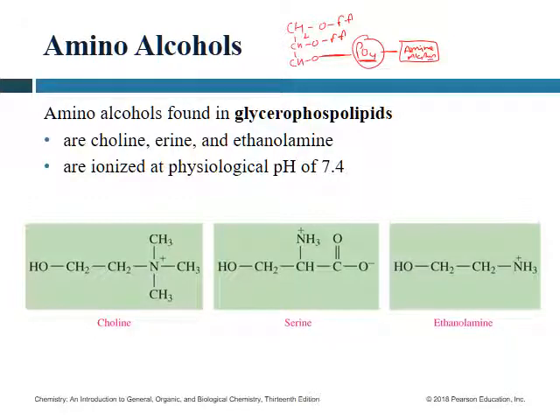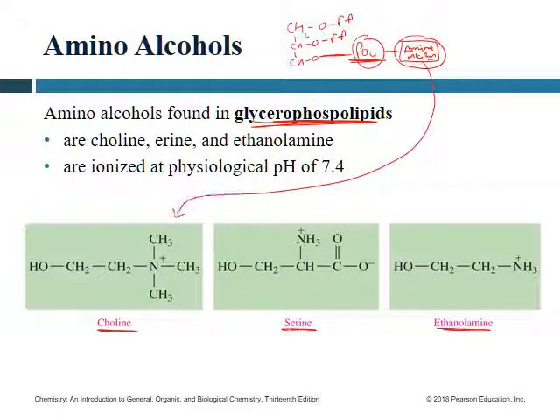So we're going to talk about this amino alcohol. What are the different types of amino alcohol that you can find in glycerophospholipid? There are 3 amino alcohols that join with the phosphate group. One of them is choline, serine, and the third one is ethanolamine, right? So this amino alcohol can be one of these in glycerophospholipid.